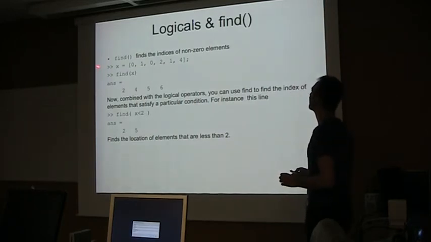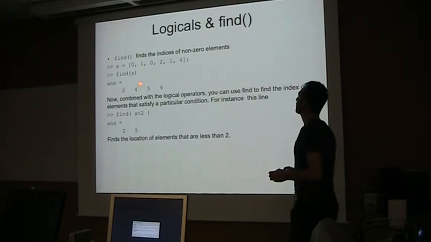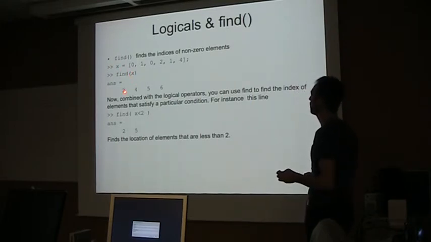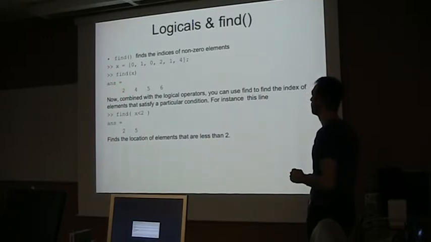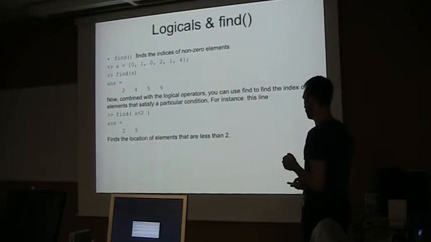Okay, so then you have the function find. You can use, for example, find to find all the elements which are not 0 in x. It gives you the positions of the elements which are not 0. And what is this again?